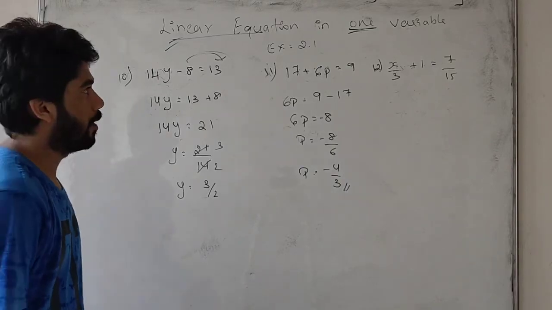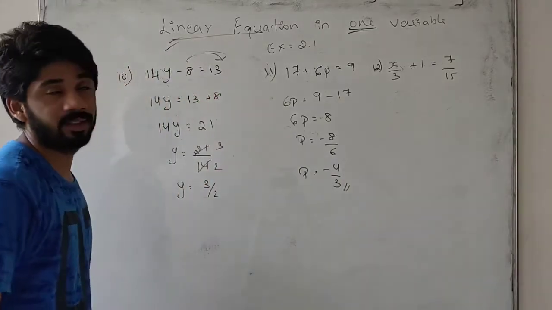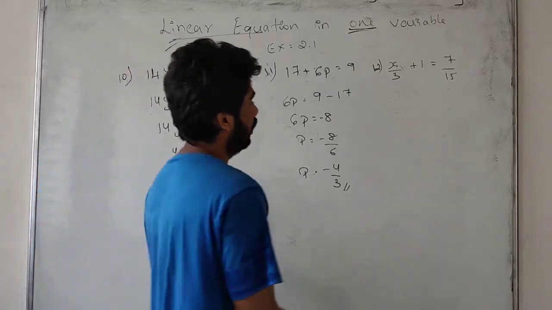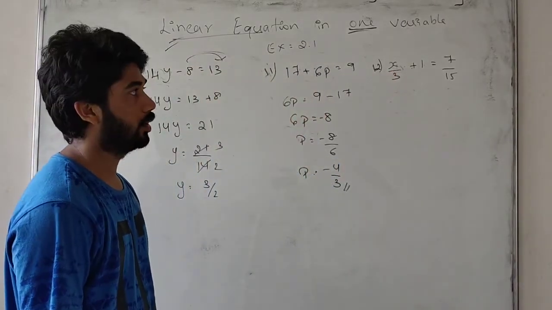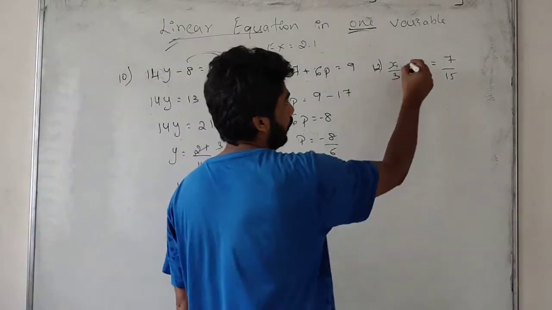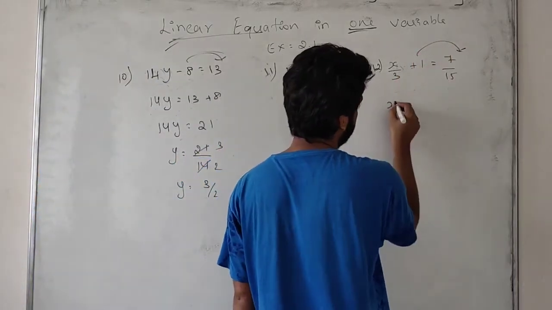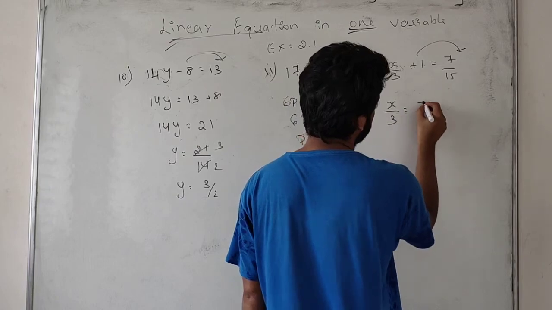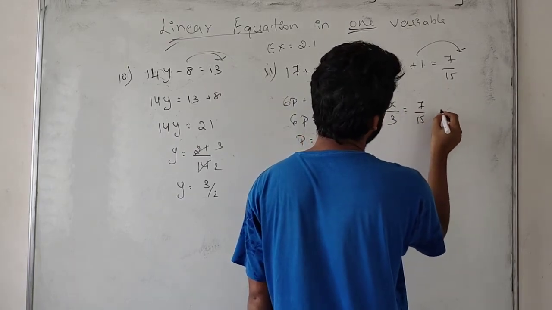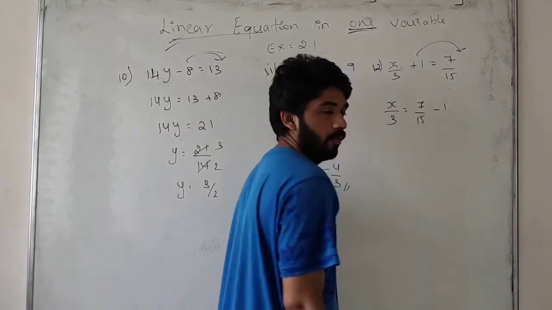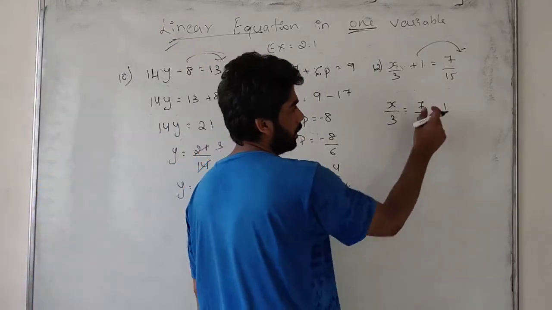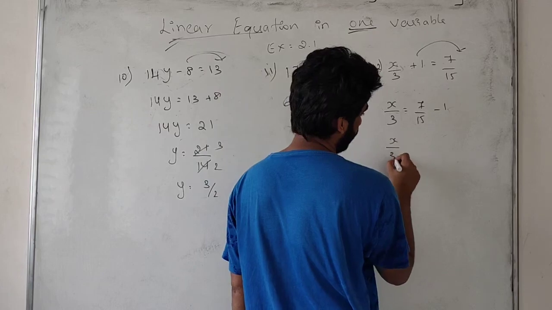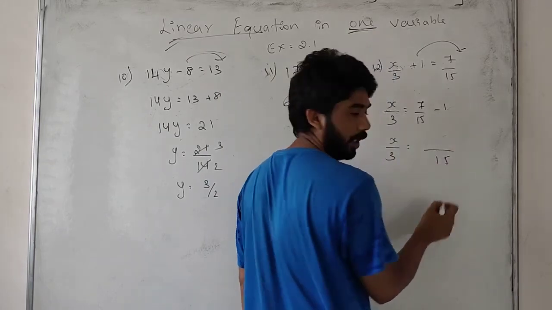Okay, note it down. Now the last problem of this exercise 2.1, x by 3 plus 1 is equal to 7 by 15. So I will take this to this side. So x by 3 is equal to 7 by 15 minus 1. Now take the LCM. For x by 3, the LCM will be 15.